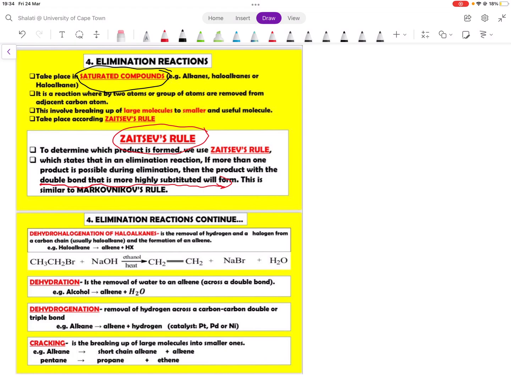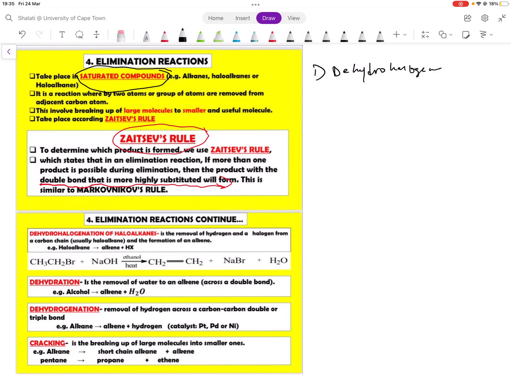What does that mean? The first elimination reaction we're going to discuss is dehydrohalogenation, which is the removal of a halogen and a hydrogen from a haloalkane. In dehydrohalogenation, the D means removal of something.